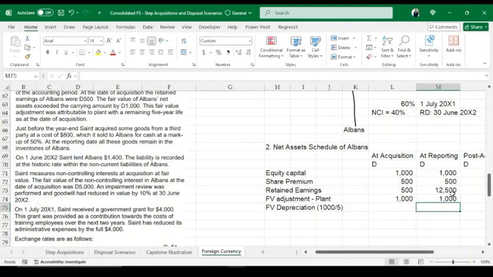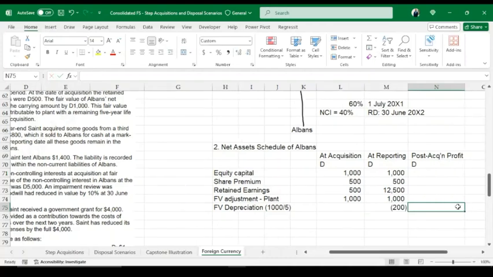That is what depreciation is, recorded at the reporting date amount only. So 1,000 divided by 5 will give me 200. And since this is depreciation, we are going to subtract it from the fair value amount of 1,000. And this same amount is going to affect our post-acquisition profit as well. So I can copy this and paste here as well. So that is it about the fair value adjustment.